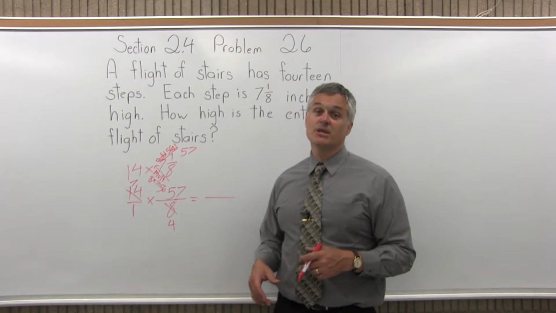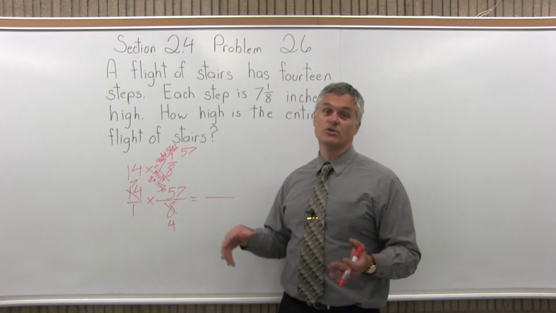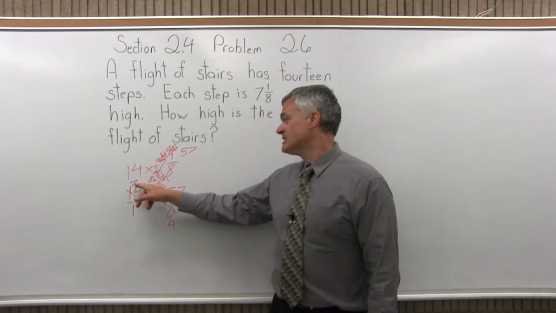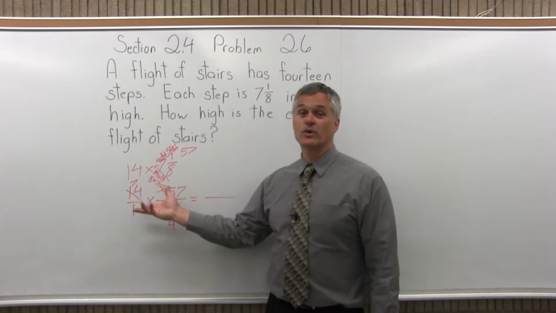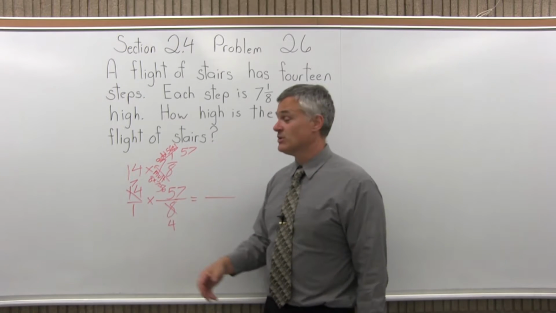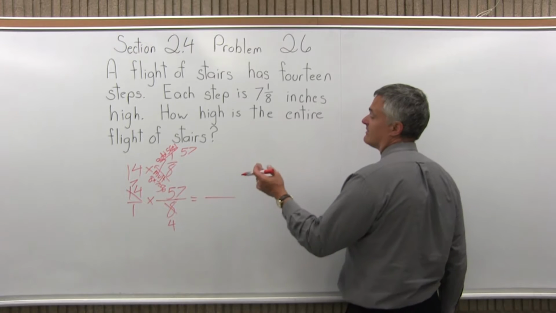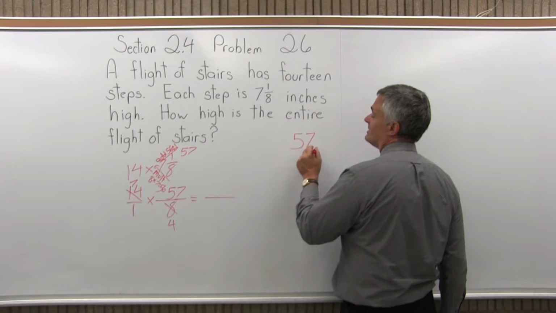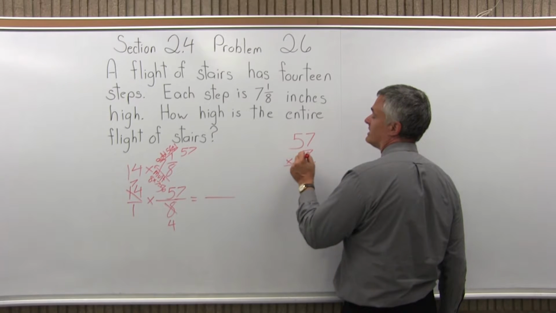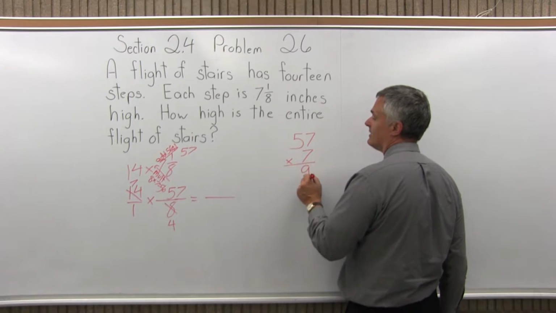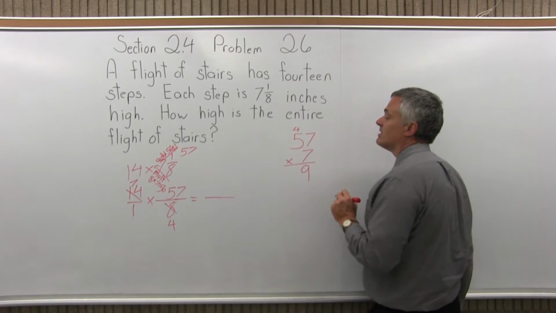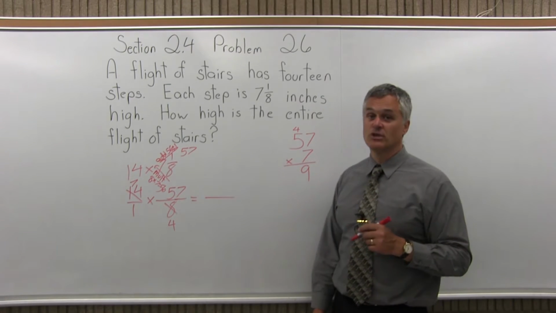And you'll get the same answer if you just multiplied everything and then reduced afterwards. But I'm going to feel that it's easier to do 7 times 57 instead of 14 times 57. I could do either one, but so off to the side, even 7 times 57 is fairly big. So 57 times 7, I'll multiply 7 times 7 is 49. Write the 9, carry the 4 to the top of the next column. 7 times 5 is 35.